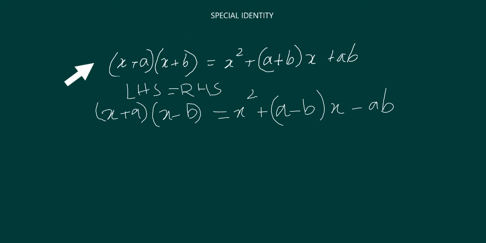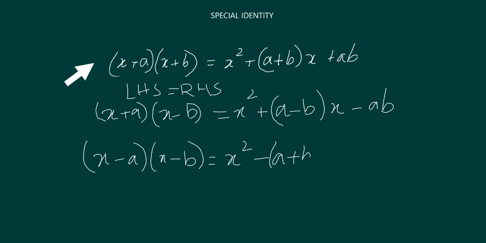And what if I make both of them minus? So that's (x − a)(x − b) equals again x². But this time you need to pay attention that the minus is outside the brackets and it's a plus b, because since it's minus a minus b on the LHS, let's take the common minus outside.